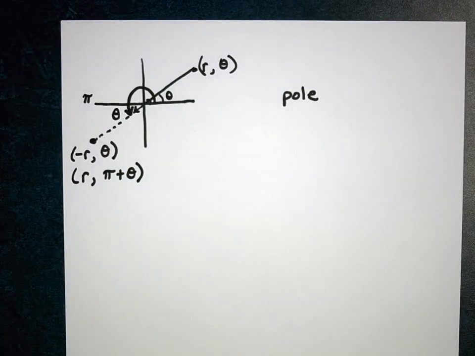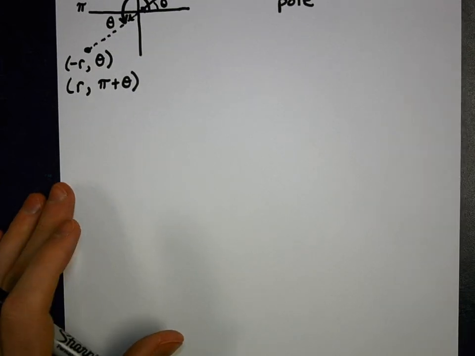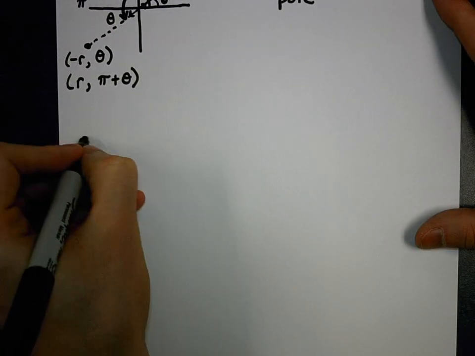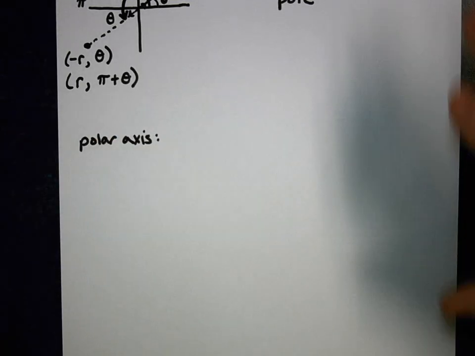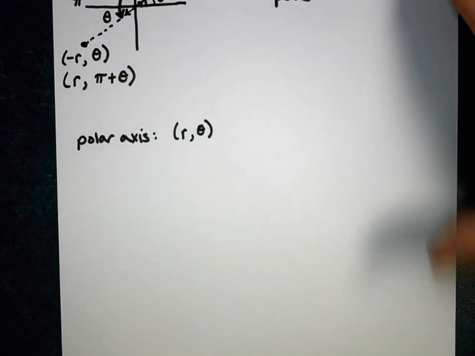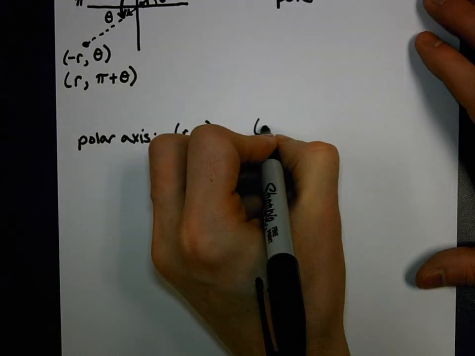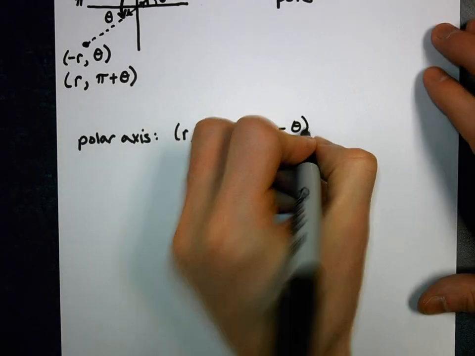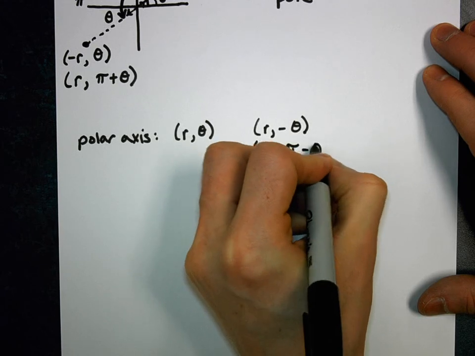To summarize these different relationships, if I have a reflection across the polar axis, that means for every (r, theta) on the graph, we also need to have the point (r, -theta), or we could write it as (-r, pi minus theta).